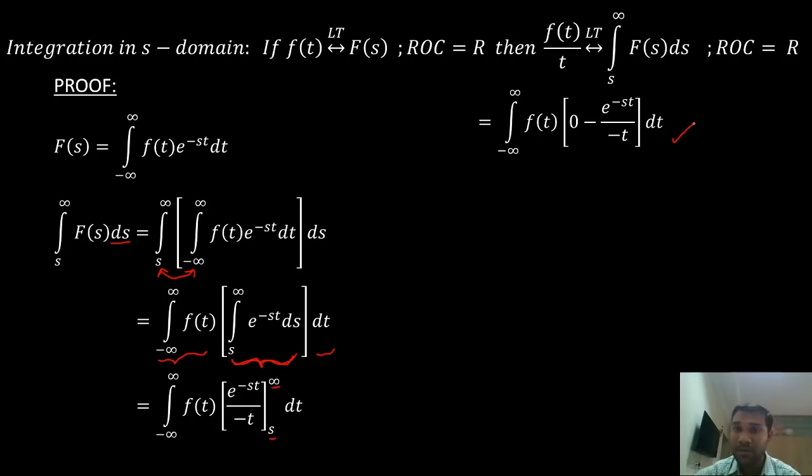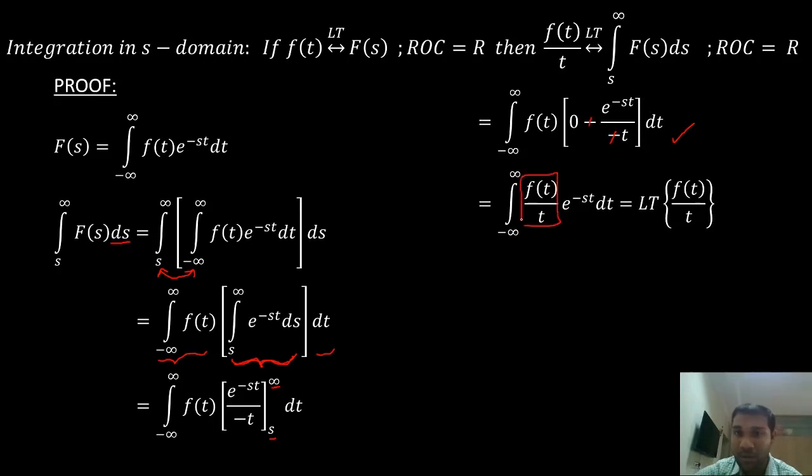So what happens now? f of t divided by t, this minus and minus gets cancelled. f of t by t e power minus st dt. This is nothing but the Laplace transform of this function, Laplace transform of f of t by t. So the Laplace transform of f of t by t is nothing but the integral from s to infinity of f of s ds.